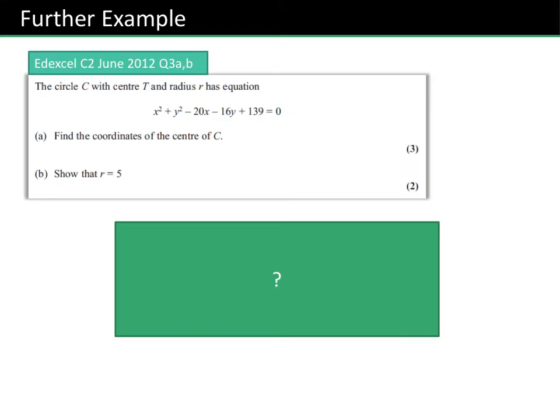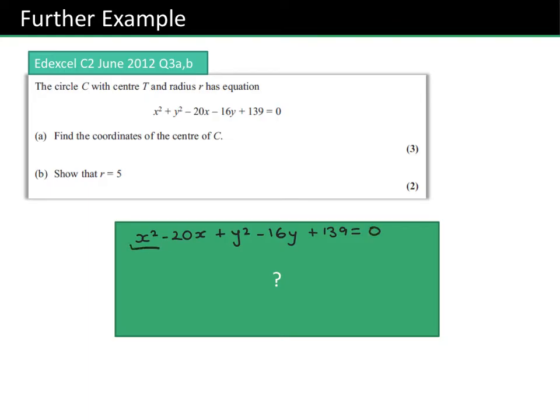So I'm going to do one more example. And you can see here, this is a 5-mark question, okay, from the 2012 paper. So step 1, we're going to rewrite the equation x squared minus 20x plus y squared minus 16y plus 139 equals 0.